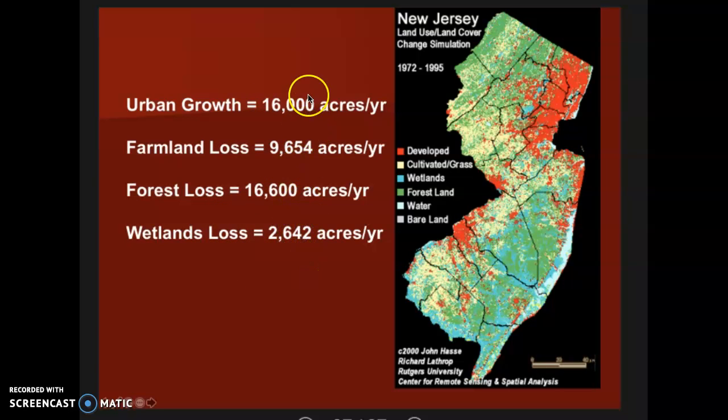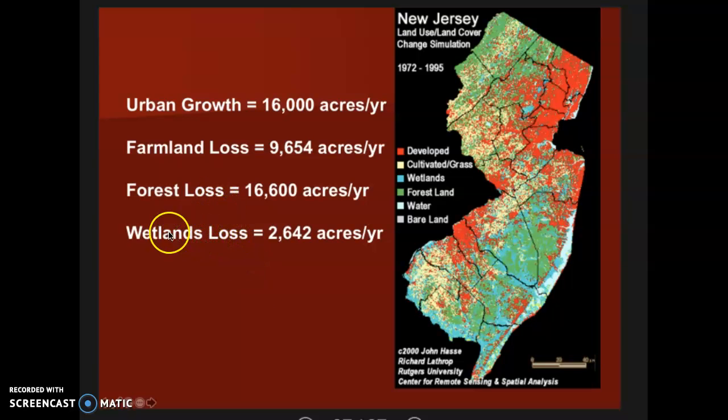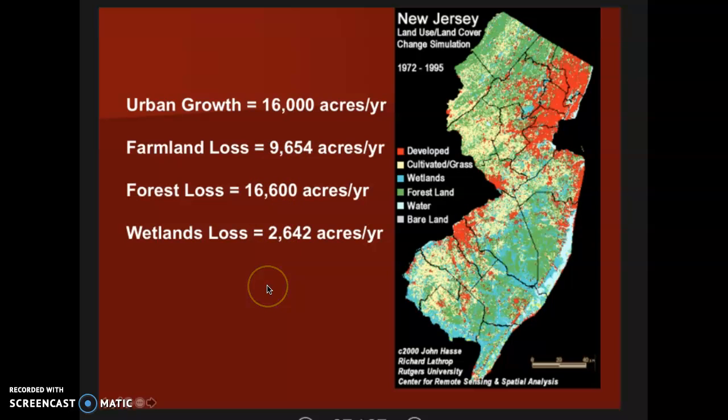The numbers don't quite measure up, so there had to be other changes besides just to urban, right? So in some cases, wetlands might have been lost to farmland, but overall farmland was lost, right? I mean, there's complications to these numbers, but generally speaking, we saw overall urban growth of 16,000 acres per year and loss of farmland, loss of forest, and loss of wetlands overall in this period of time.